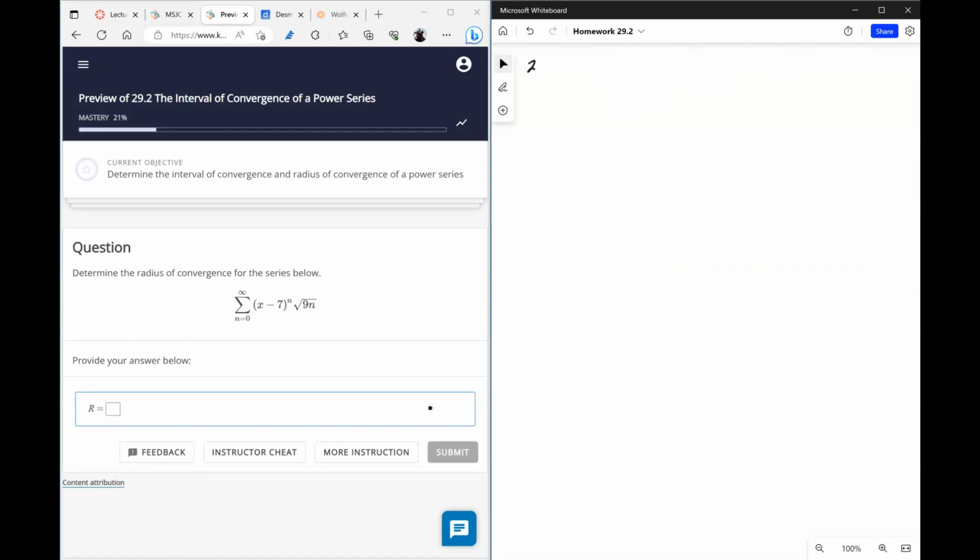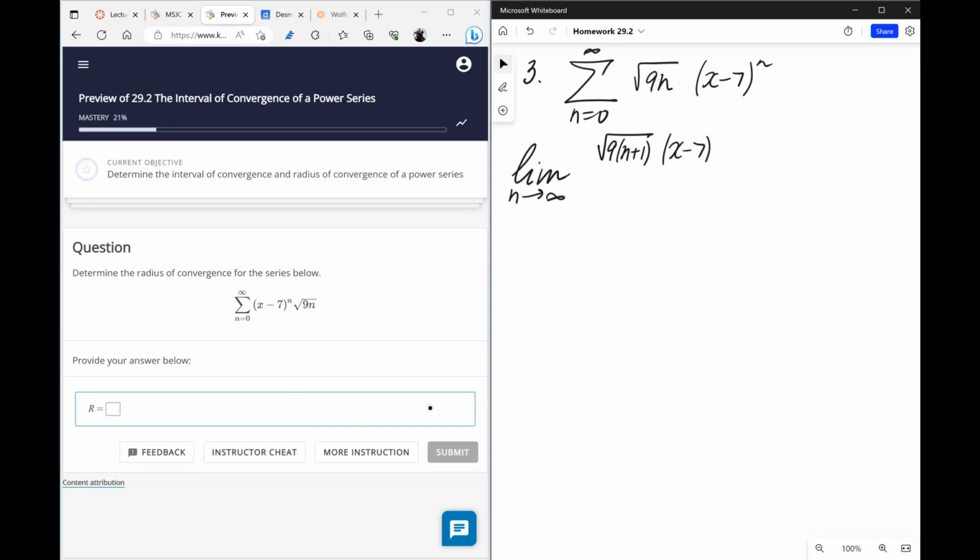Now, in this problem, we are going to use the ratio test. And to set up the ratio test, we're going to set up this limit of the n+1th term divided by the nth term.